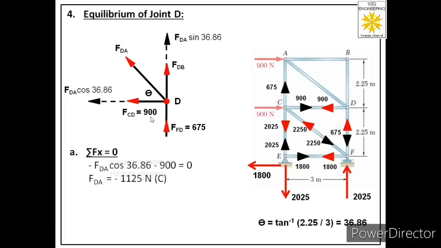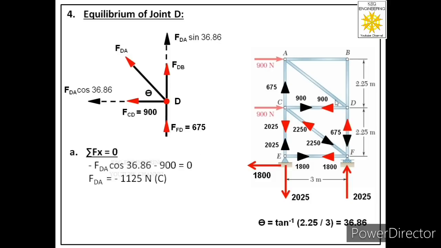From here we will get our answer for the force FDA, which is acting in member DA. And we got a negative sign. That means DA is a compressive force, because initially we assumed DA as a tensile force away from the joint, but we got a negative sign, so we have to say it is a compressive force.